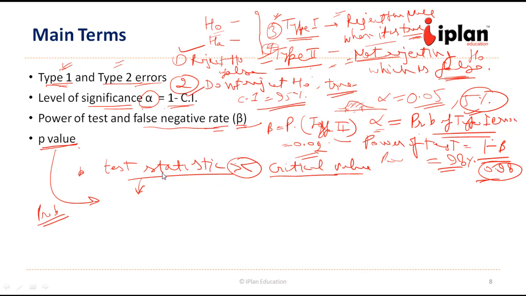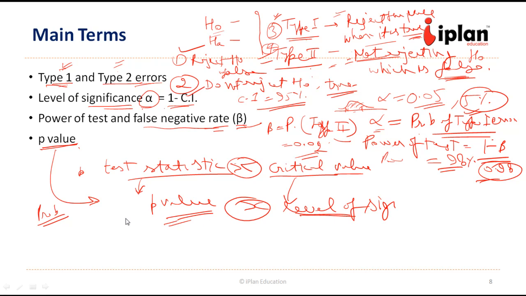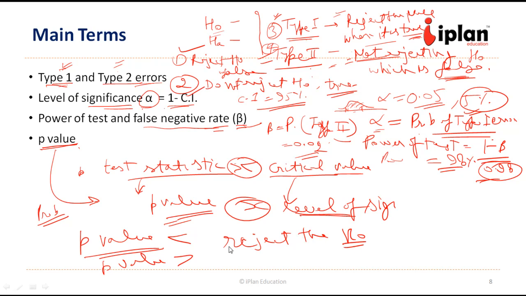The test statistic can be converted into p-value, and this side we are going to have level of significance. These can be compared and the decision can be taken. So for that, the thumb rule is, if p-value is lower, then we reject the null hypothesis. If p-value is greater than the level of significance, then we do not reject the null hypothesis.